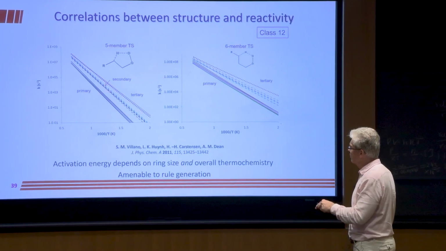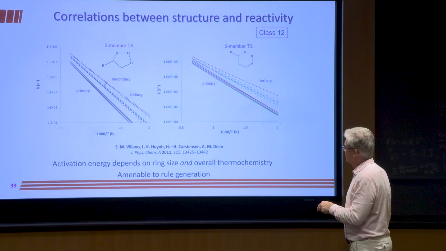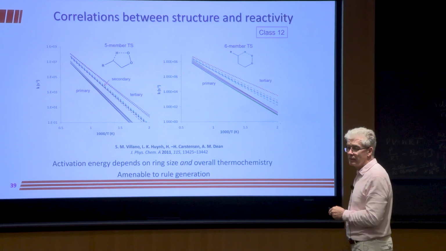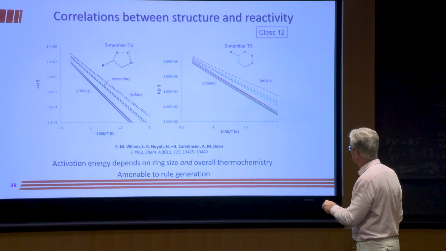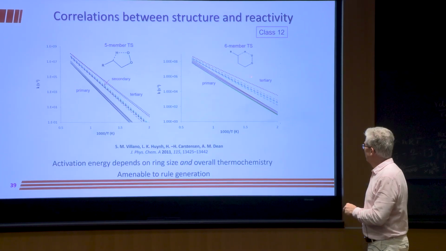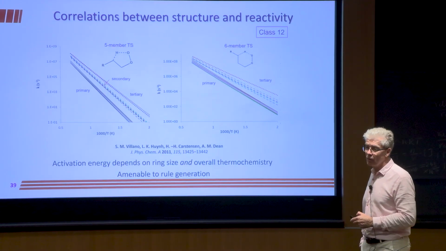So you could take the average of these and say that's the rate constant for 5-membered ring isomerization involving a primary or a secondary or a tertiary, okay? And the same then for 6-membered ring. You have the primary, secondary isn't as convincing. There's a bit more scatter, and then the tertiary, they only did one, okay?